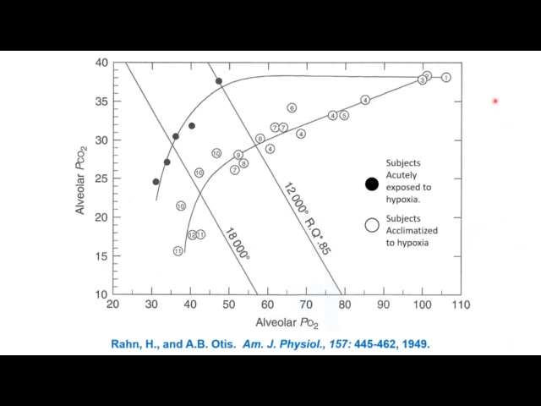Now, subjects who are acclimatized, note, have a more continuous drop in PCO2 with a drop in alveolar PO2. So that's really a difference between those acutely exposed and those who are acclimatized or chronically exposed. They're able to fine tune their PCO2 a bit better than those who are only acutely exposed.